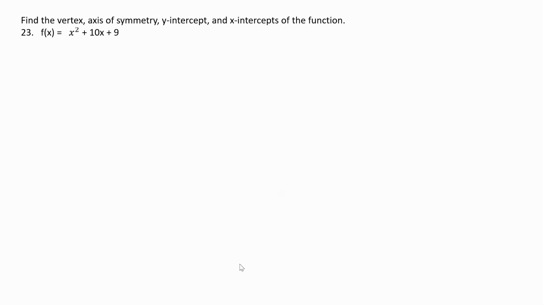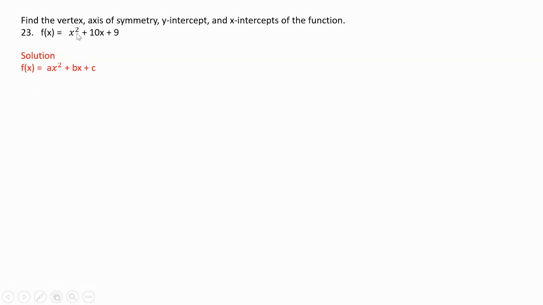Okay, now for these types of problems, guys, we want to find the vertex, axis of symmetry, y-intercept, and x-intercept of the function. And at times, they also want you to graph it in MyMathLab for the homework and stuff. So now, here's the solution.